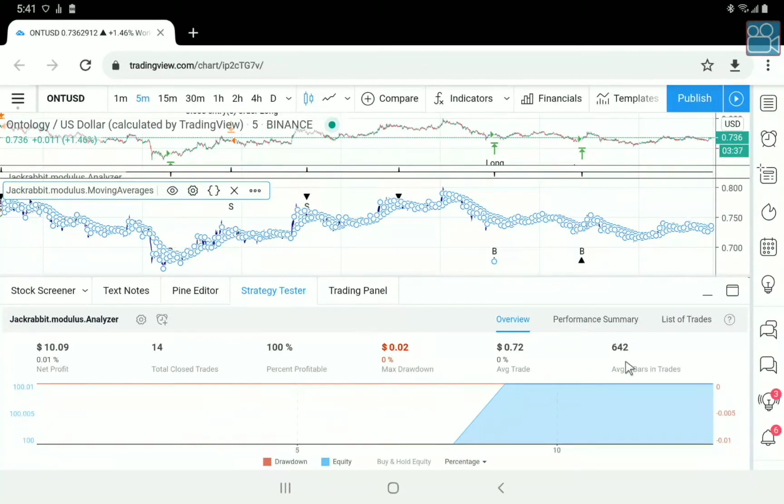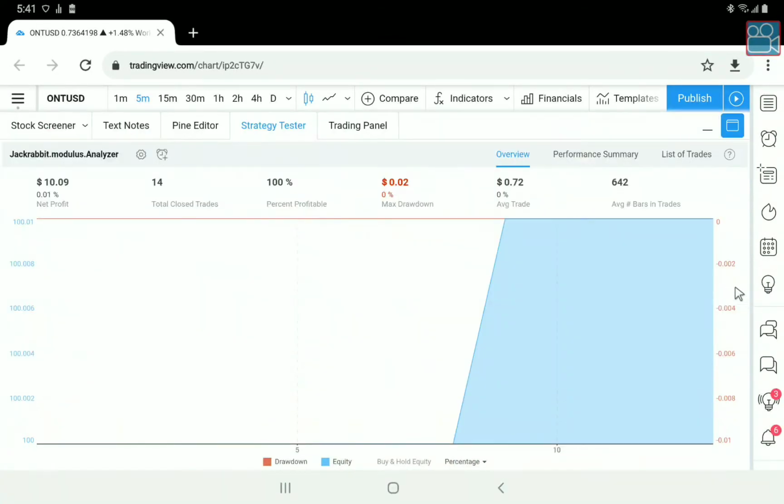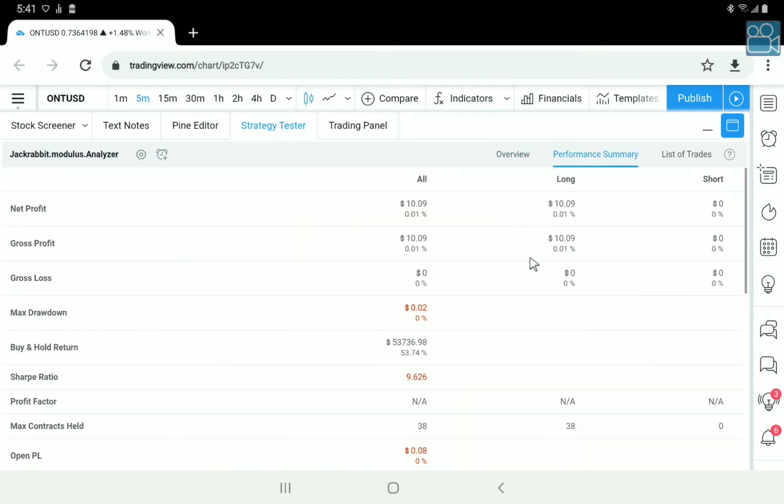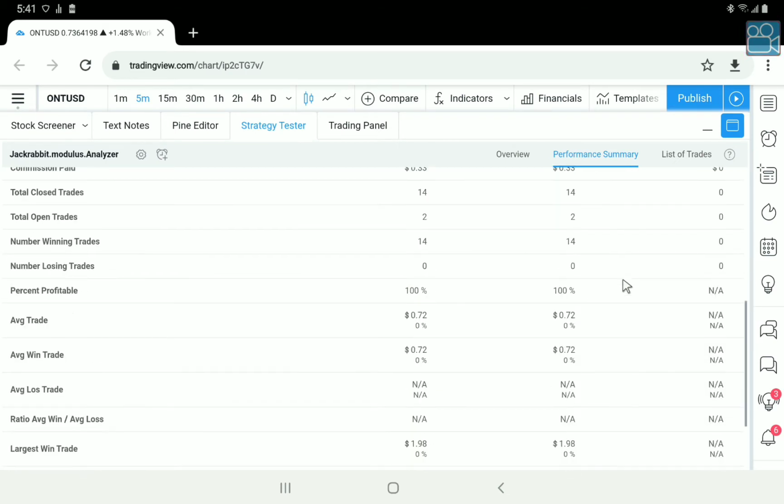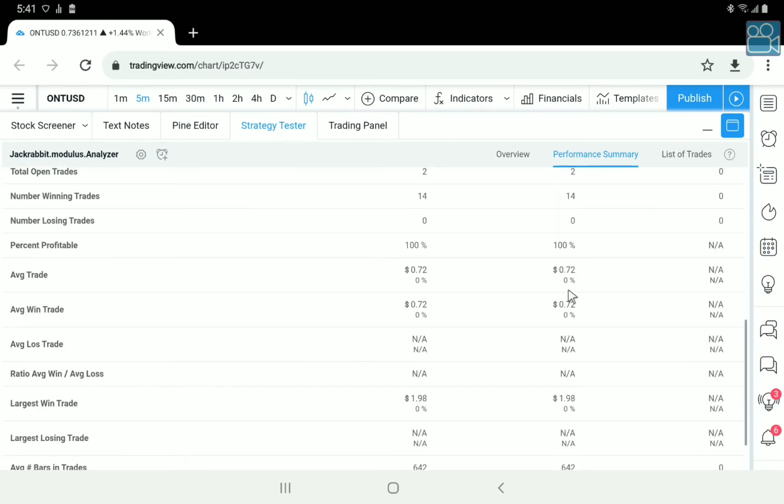642 bars per trade. Let's see what this actually looks like. It's actually pretty good. Now, would I trust these values 100%? No, I would not.